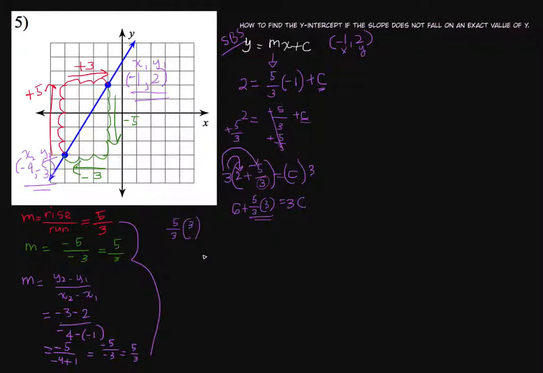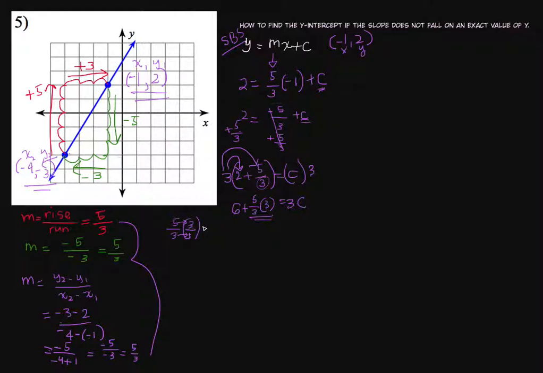Okay? Multiplying fractions is the easiest thing to do. And one thing you have to remember is that all whole numbers have a denominator, which is 1. And when you multiply fractions, it doesn't matter whether the denominators are the same or different. You just need to multiply the numerator by the numerator and the denominator by the denominator.